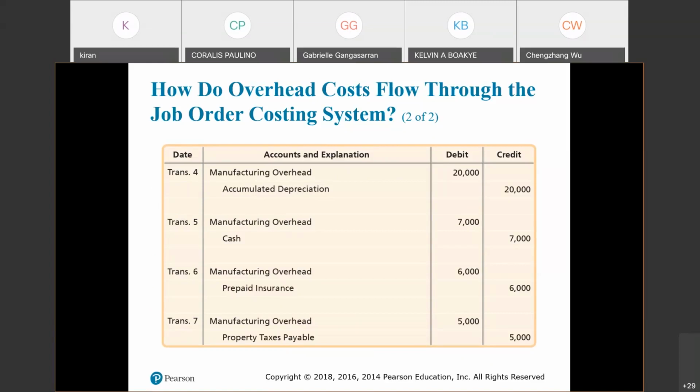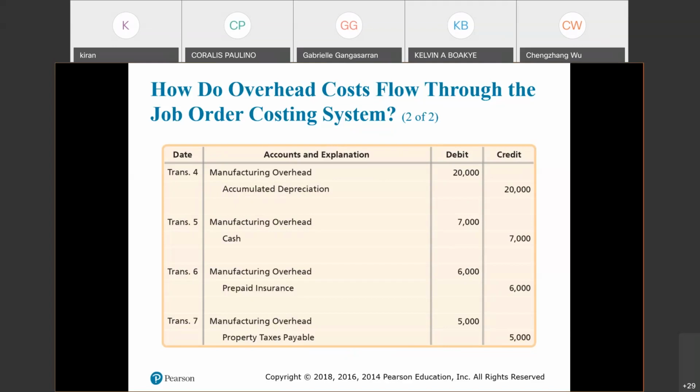As you can see, overhead includes a variety of costs that the company cannot easily trace to individual jobs. For example, it is impossible to say how much of the cost of plant utilities is related to job 27, because manufacturing overhead cannot be easily traced to each job.